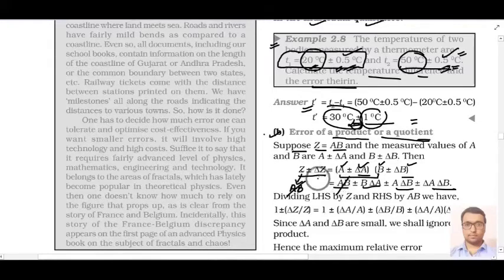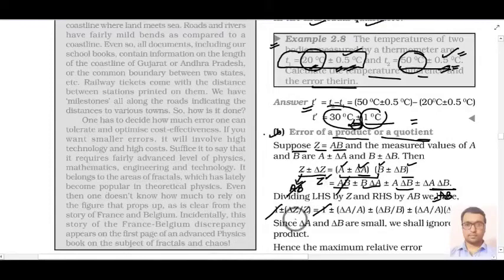Now you have to divide the LHS by Z as well as the RHS by AB, because Z and AB are the same. In that case, 1 to 1 has been cancelled out.